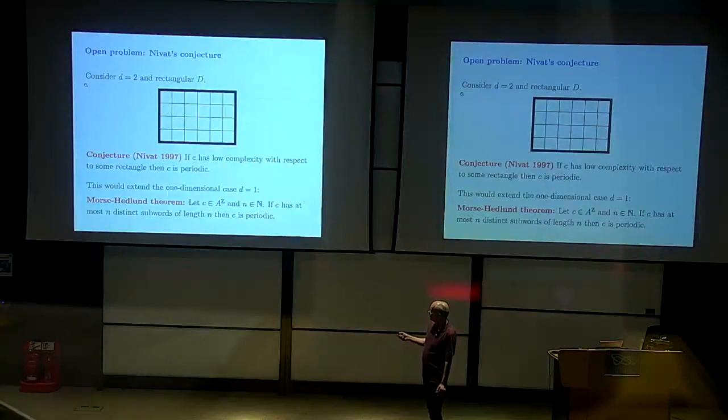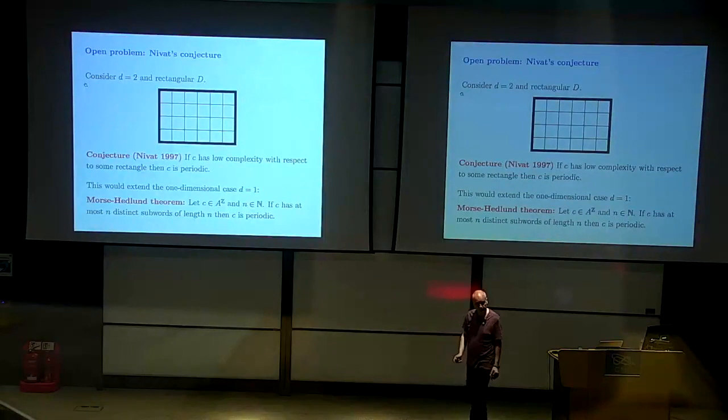So if you have a 1-dimensional infinite sequence of colors, then if for some n you have at most n different subwords of length n in this infinite word, then the word is known to be periodic. So this is the 1-dimensional Morse-Hedlund theorem, and as you see, Nivat's conjecture is quite a straightforward generalization of this to 2 dimensions.